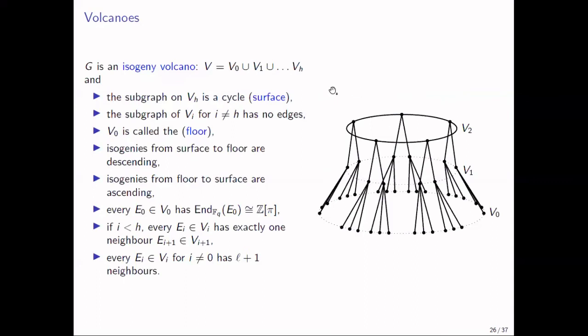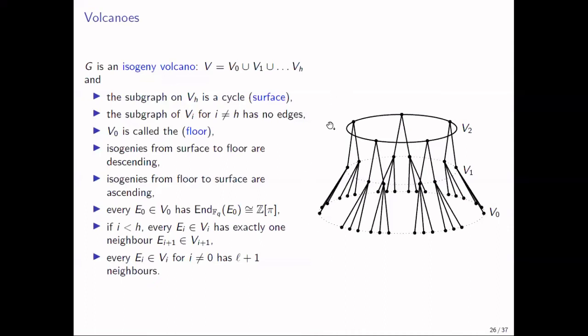Okay, let's start over. If you have a volcano, you have a partition of the vertices in the graph in such a way that the last set forms a cycle. The first set, if you just look at the subgraph generated by those vertices, then you only get isolated vertices. So the top is called the surface, the bottom is called the floor.